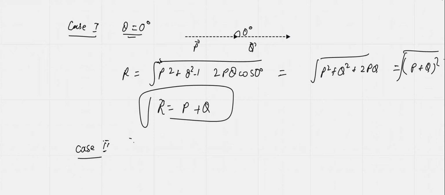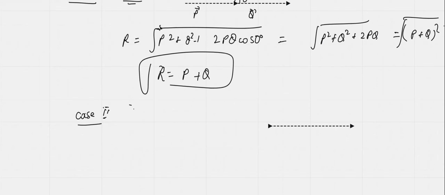One vector is in this way, another vector is in the opposite direction. I'm not touching them so that you can see the difference. What is the angle now? 180 degrees.